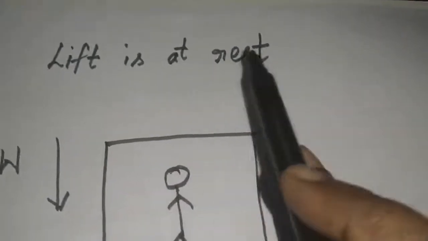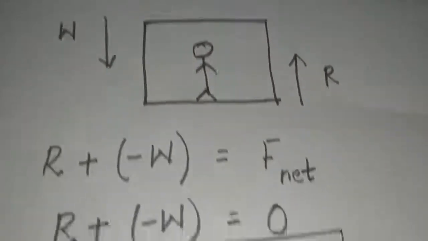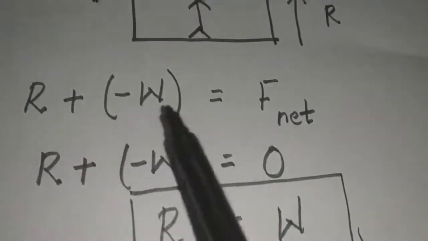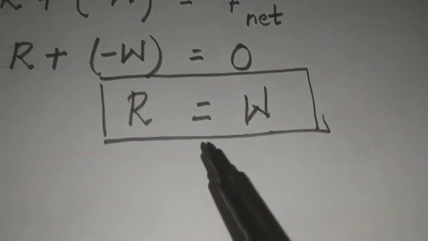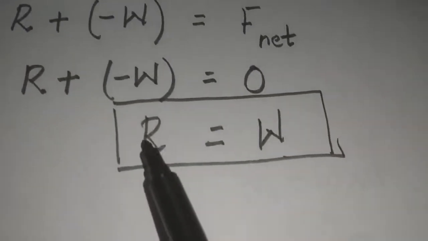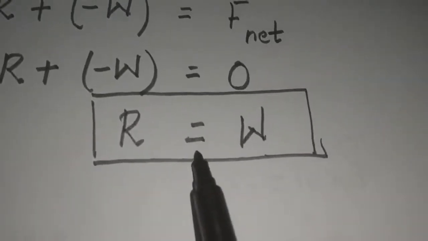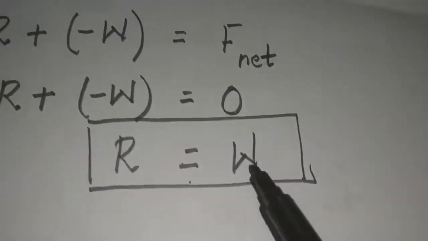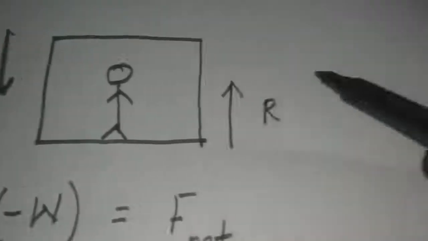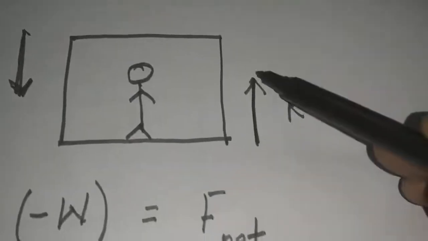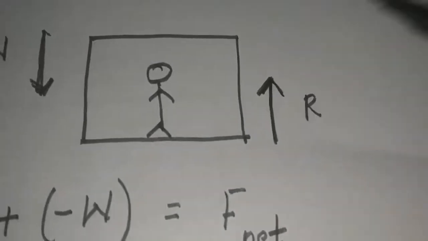So lift is at rest, R minus W equal to F net, so R equal to W. This is the condition: apparent weight R is equal to actual weight. See here the arrow marks: both arrow marks have the same magnitude, same magnitude is nothing but same length.